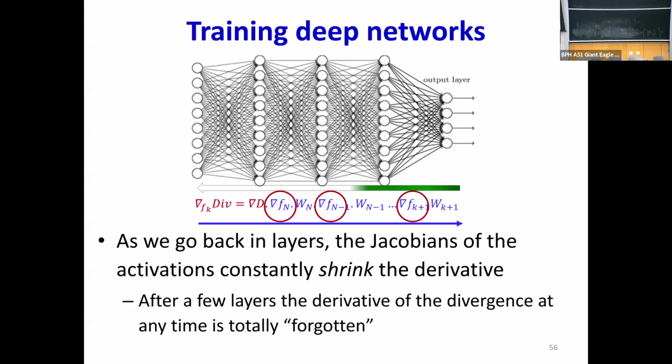Everybody with me? What is the other component in this chain of derivatives? The weight matrices. What happens if you multiply something by the weight matrix? It won't uniformly shrink it, but here's what happens. Consider a bunch of vectors on a perfect circle, all the vectors on a circle. I'm just interested in the circle itself.